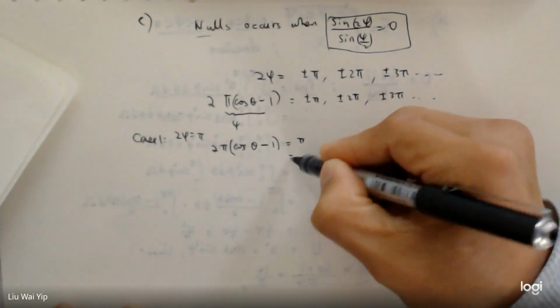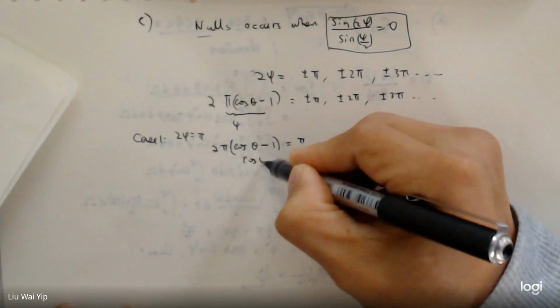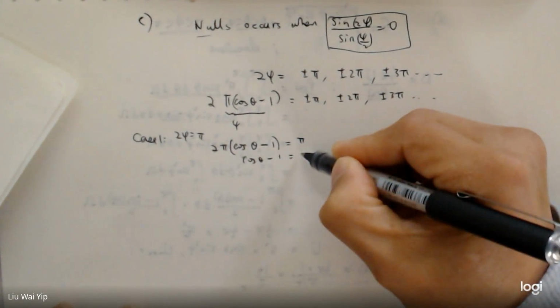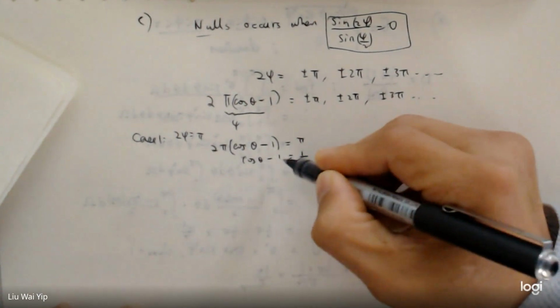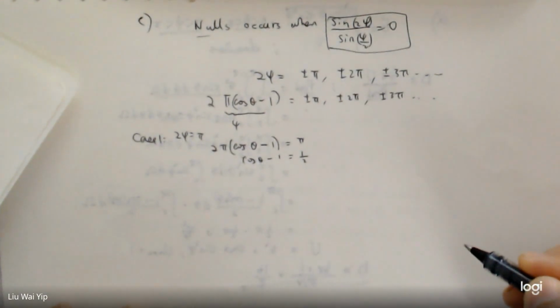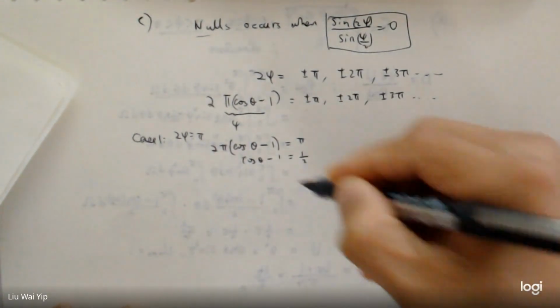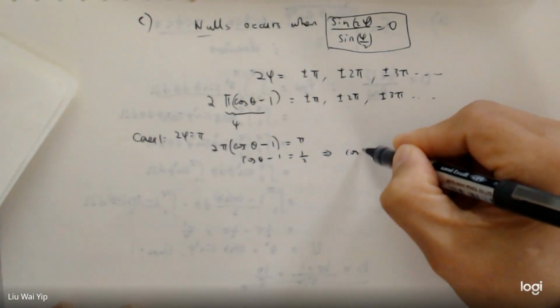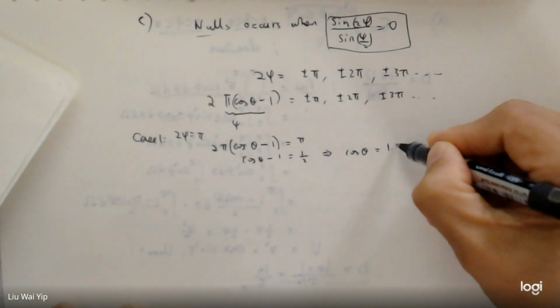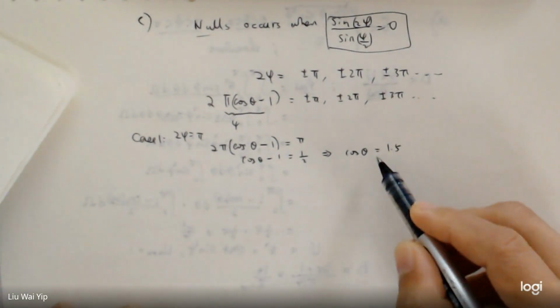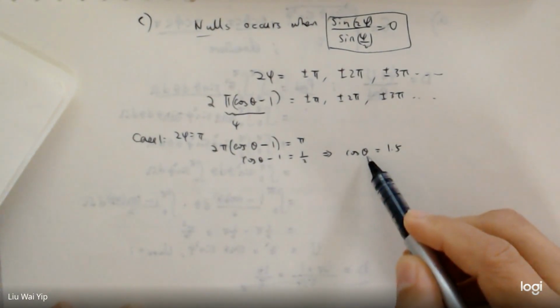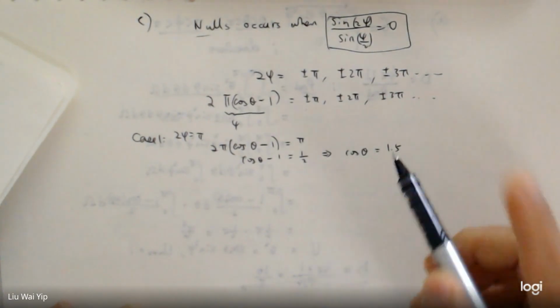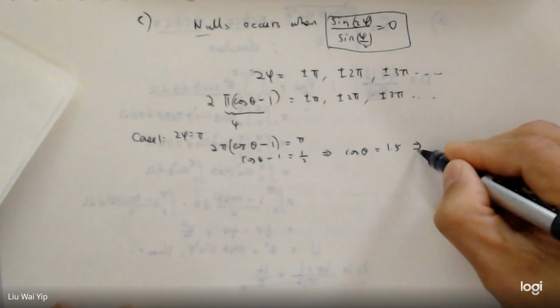So in this case, cosine theta minus 1 is equal to a half. So obviously, this means cosine theta is equal to 1.5. So there is no solution, because the maximum of cosine theta is 1. No solution.